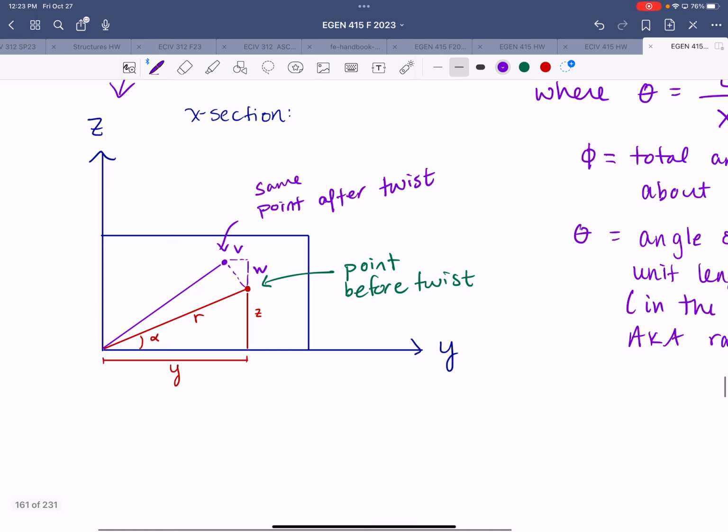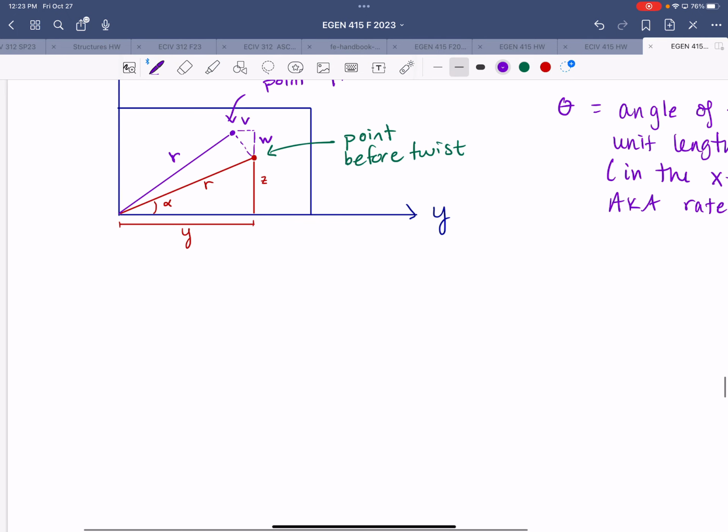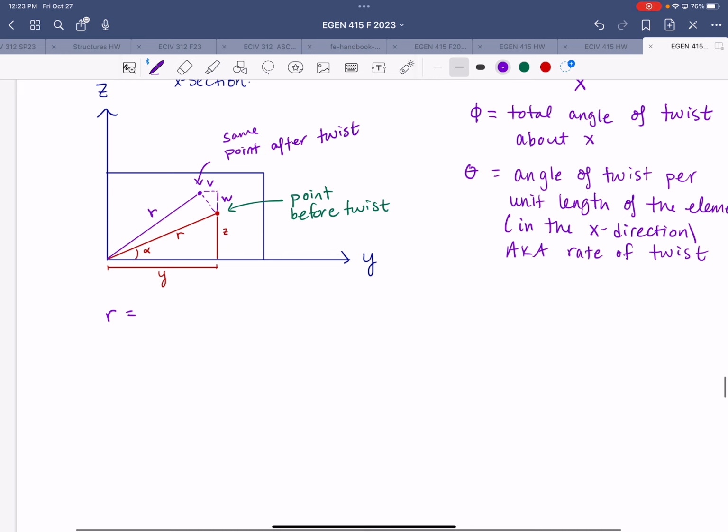So R stays the same. And R is the radius to that arbitrary point, measured from the centroid.